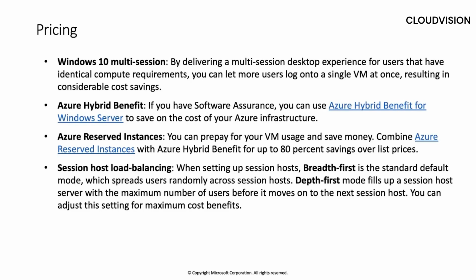In that case, we can let more users log in to one single VM, rather than having multiple VMs. Windows 10 has that capability itself, so you can take the benefit of that as well.